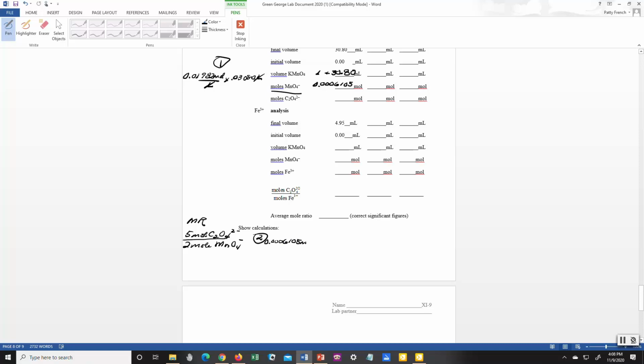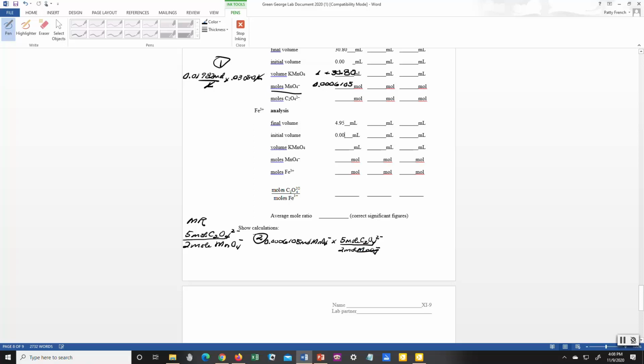0.0006105 moles of permanganate times the molar ratio, which was 5 moles of oxalate per 2 moles of permanganate.